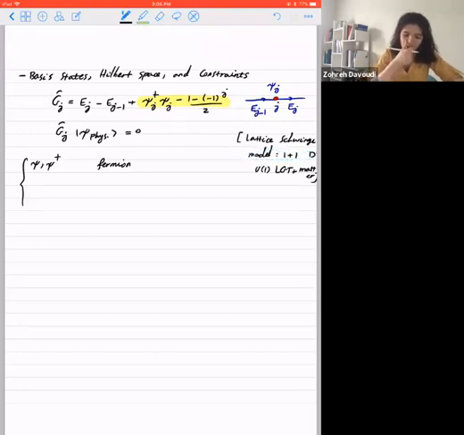Anyway, so the fields are psi and psi dagger, and then we also have the U and conjugate E at each site. So these are the conjugate pairs. And remember, these correspond to a quantum rotor. Okay.